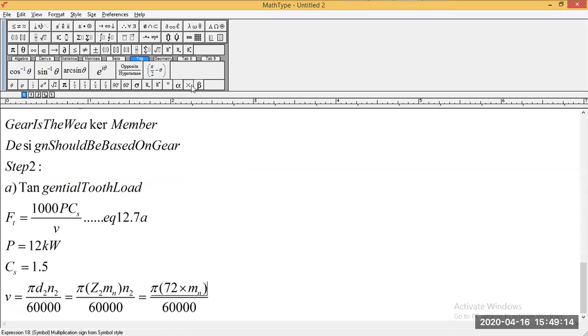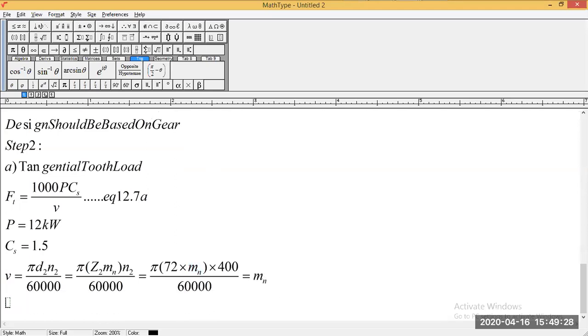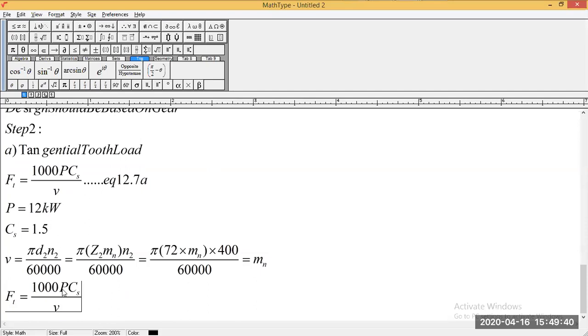This is into 400, and tell me the answer in terms of Mn. You can calculate. Tell me the answer in terms of Mn, and we'll substitute here.